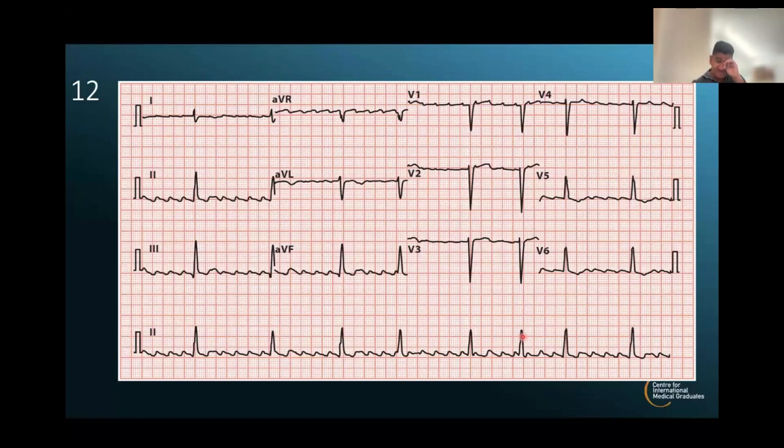Now, you can try to do that chemically. Often the drug of choice is flecainide, or with a direct current electrical cardioversion. But for that, you need anesthetic support to sedate and make them asleep.